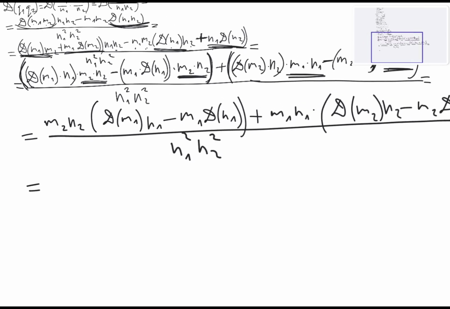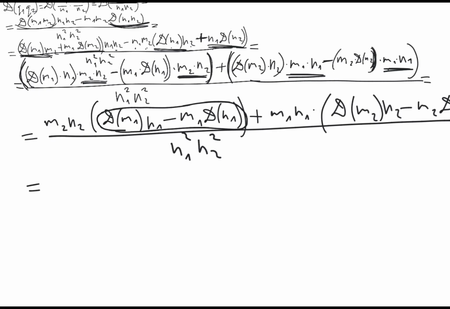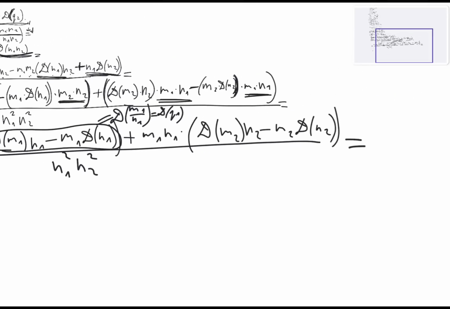So now we notice that this is equal to d of m1 over n1, right, by definition, which is also d of q1. And this is equal to d of m2 over n2.